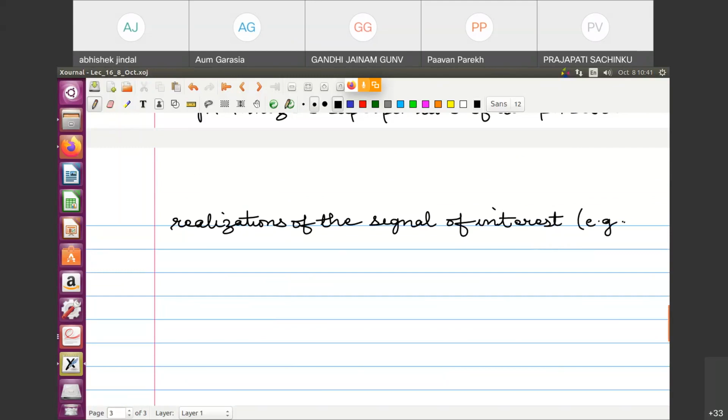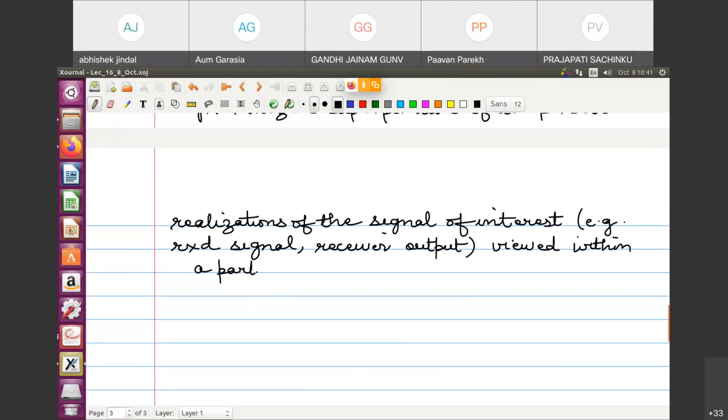You can say, for example, the received signal, comma, receiver output, viewed within a particular signaling interval. Now let us see what the meaning is.